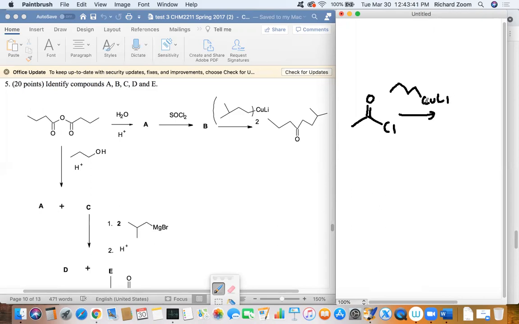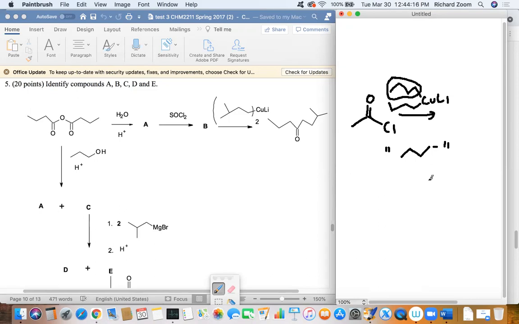I don't want to go too much into the theory. I do that in the actual discussion in the video where I talk about this. But if you've got something like this, it's a copper lithium reagent, it's sort of treated like a Grignard reagent, and the active ingredient here is going to be effectively that, which is the 4-carbon chain with the negative at the end for the copper.